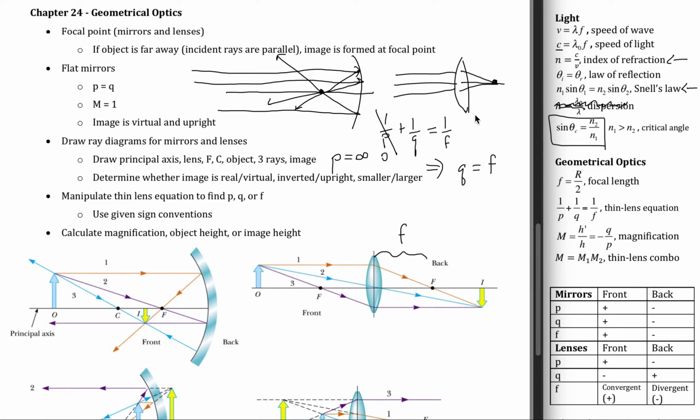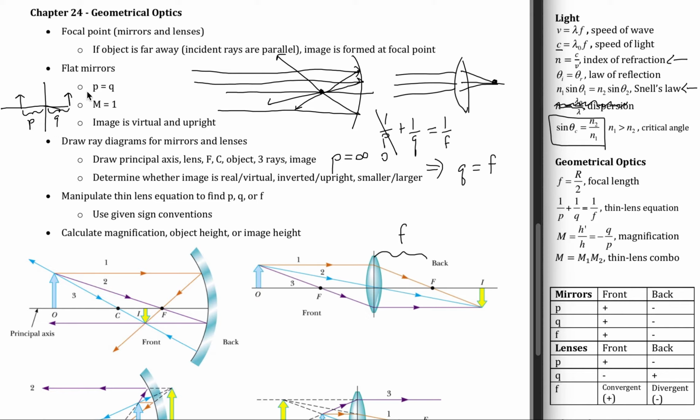And then we talked about flat mirrors. For flat mirrors, you have certain properties that are always true. This is your flat mirror, this is your object, this is your optical axis, or just a horizontal line here. If your object is here, then that's P here. The image is going to be the same distance Q away.